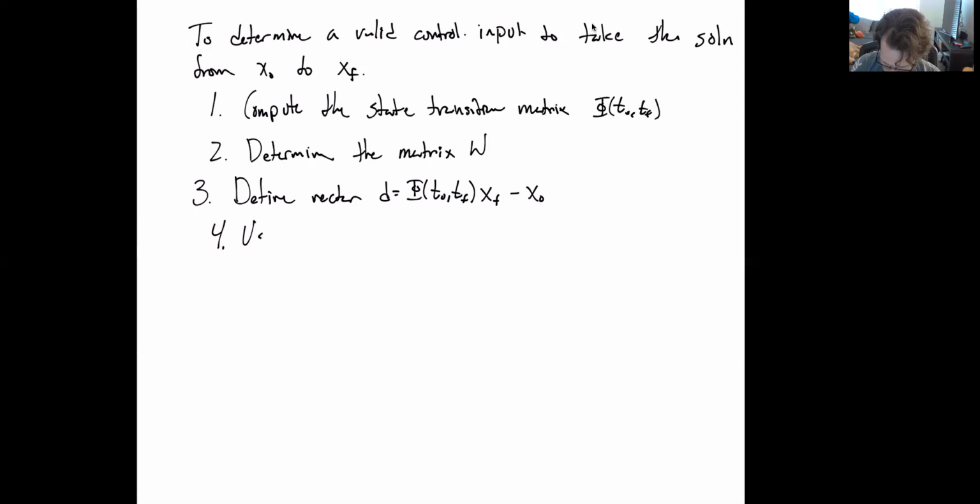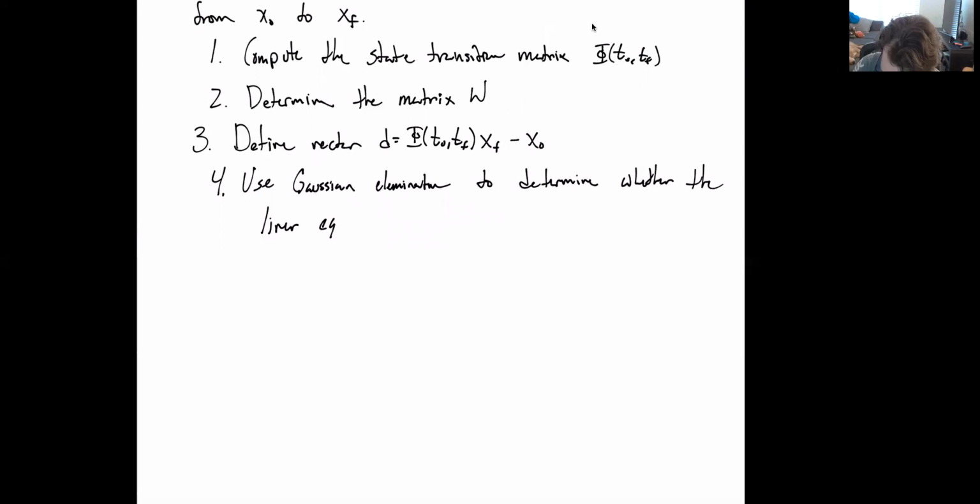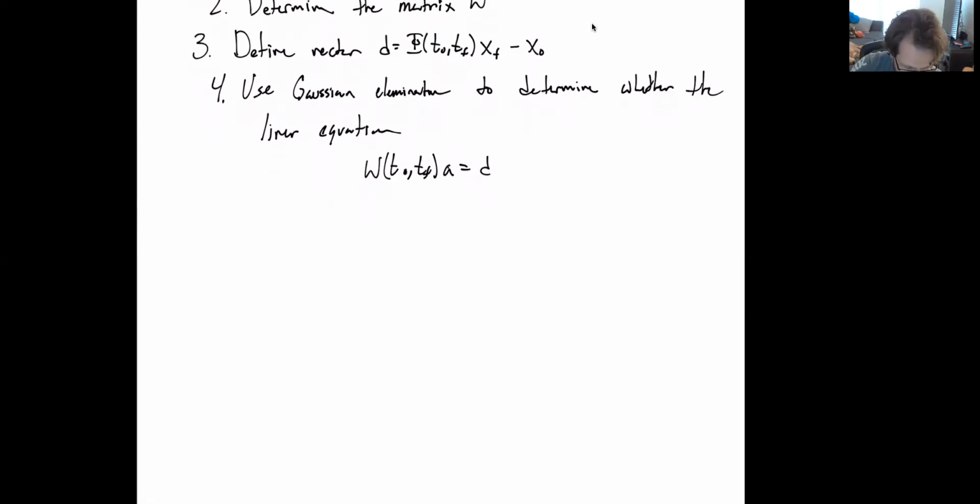Next, we can use Gaussian elimination to determine whether the linear equation W T naught TF times A is equal to D has a solution.